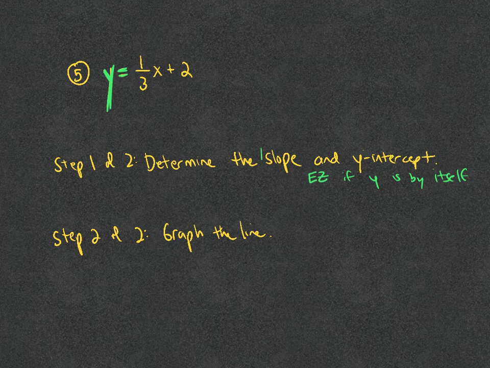So for the slope, we just have to look at whatever is in front of x. So in this case, the slope is 1/3.